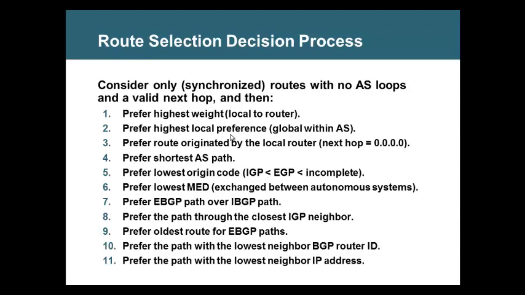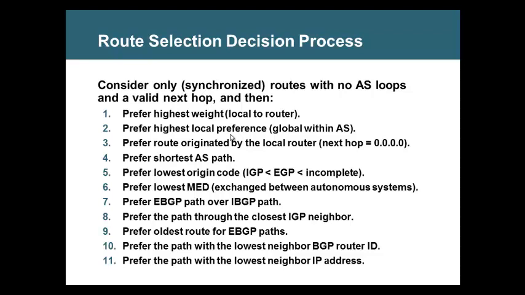Only when there is a tie in the first will it come to the second. When there is a tie in the second one, the local preference, only then will it try to use the third attribute, which says prefer the route originated by the local router.